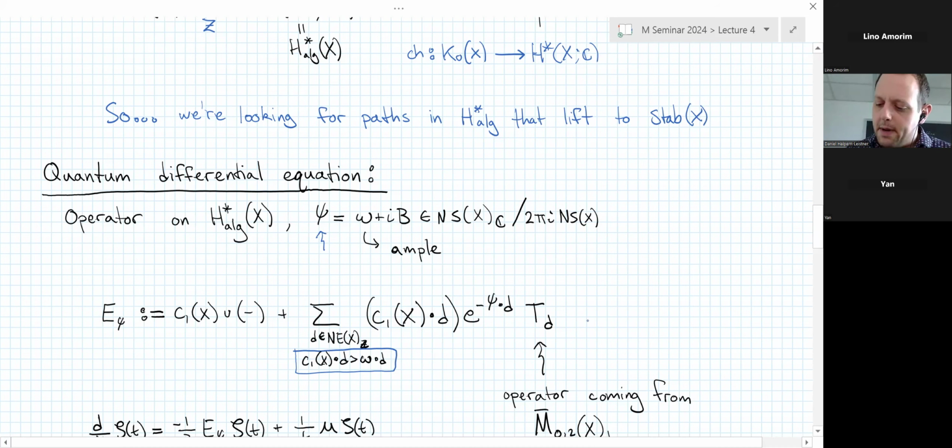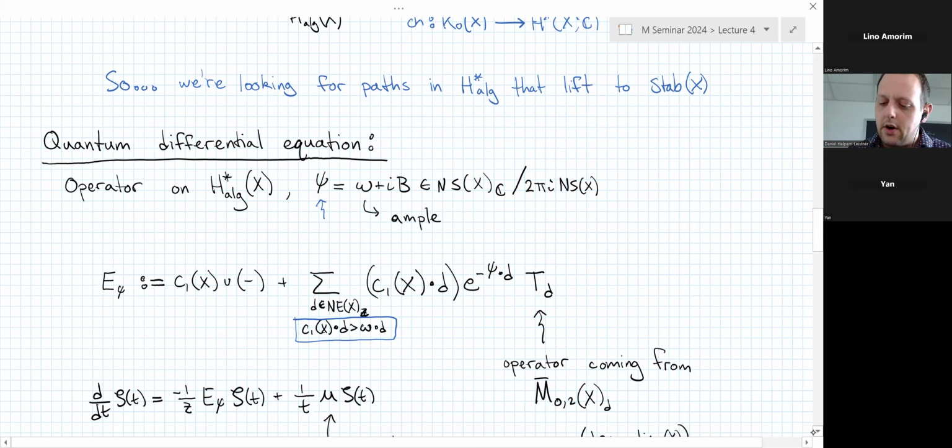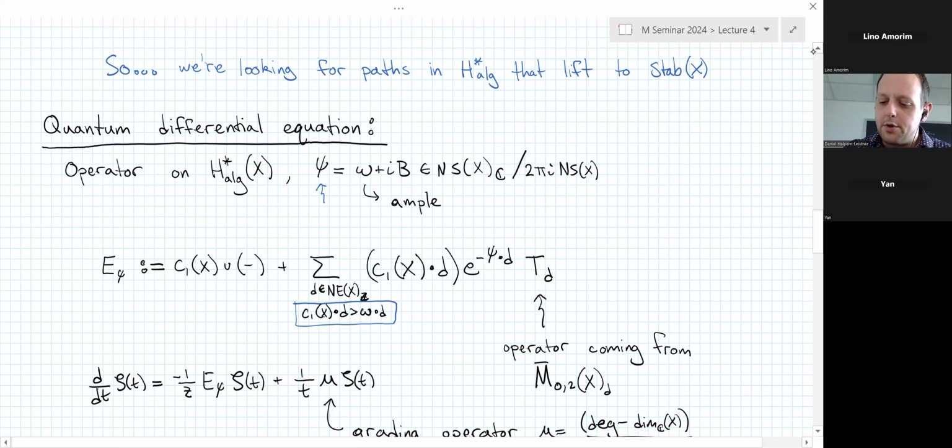These operators T_d are just operators coming from the virtual fundamental class. M_{0,2}(X, d) counts curves; it's the Kontsevich moduli space of genus 0 curves with two marked points of class d, and it maps to X squared, so I can think of it as an operator from the cohomology of X to itself.